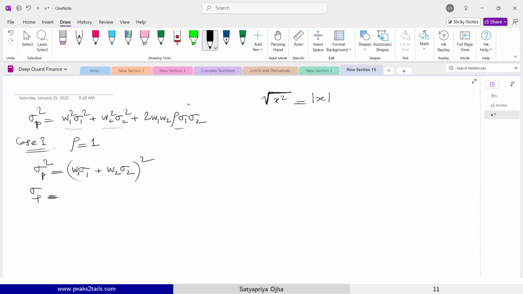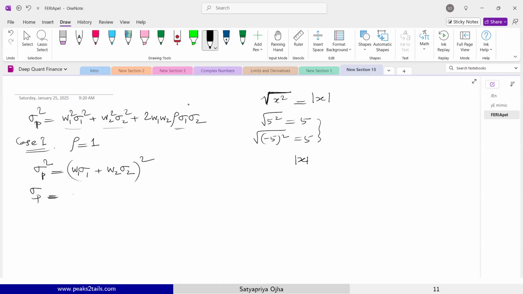So in that case, if x is positive, say 5, the square root of 5 square is 5, no doubt about that. But the square root of (-5) square is also 5. Combine these two and it is mod x. That takes care of both cases, right? It's always the absolute value of x, so it remains positive.